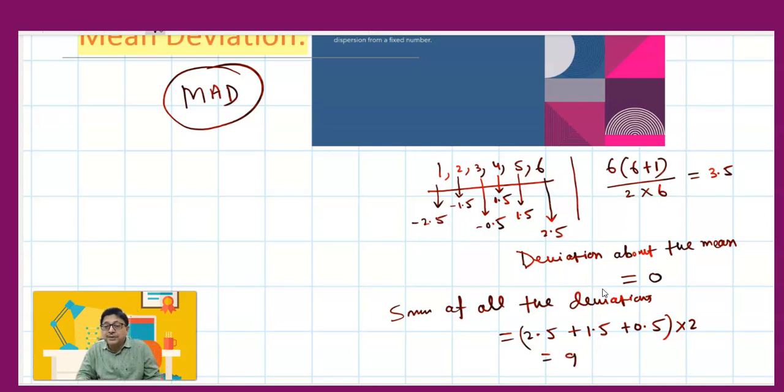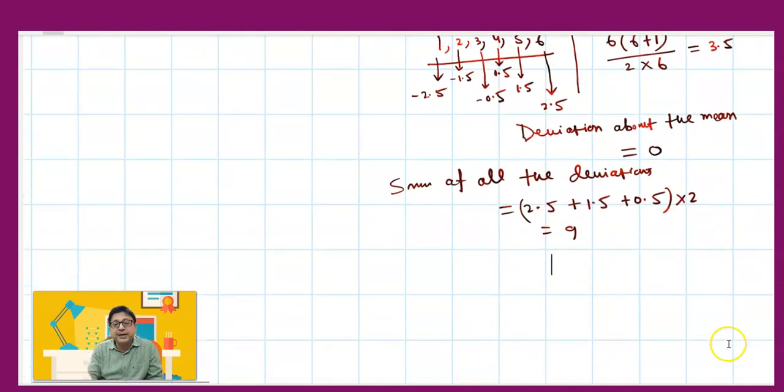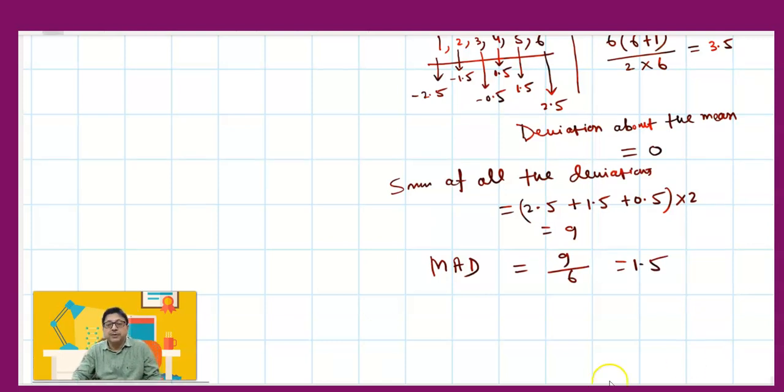The sum of all the deviations is going to be equal to 9. So what is the mean deviation about the mean here? MAD, the mean absolute deviation, is going to be the sum of all the deviations divided by 6. So this is 1.5. Okay.